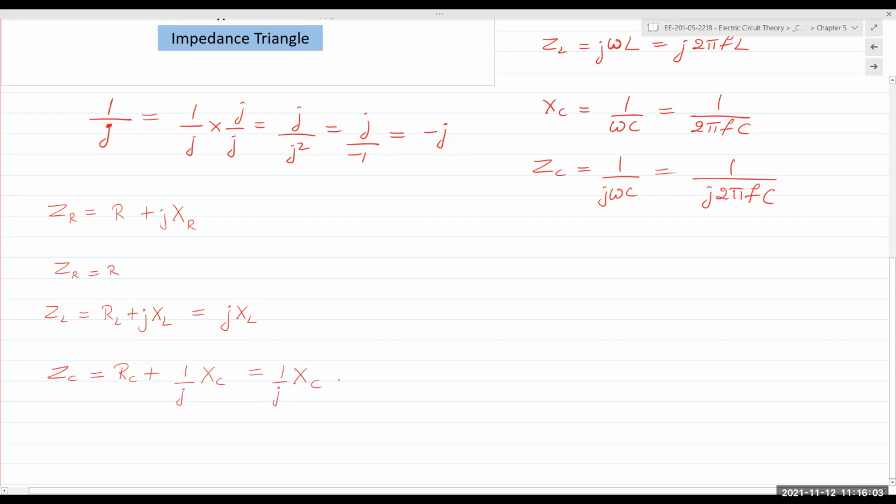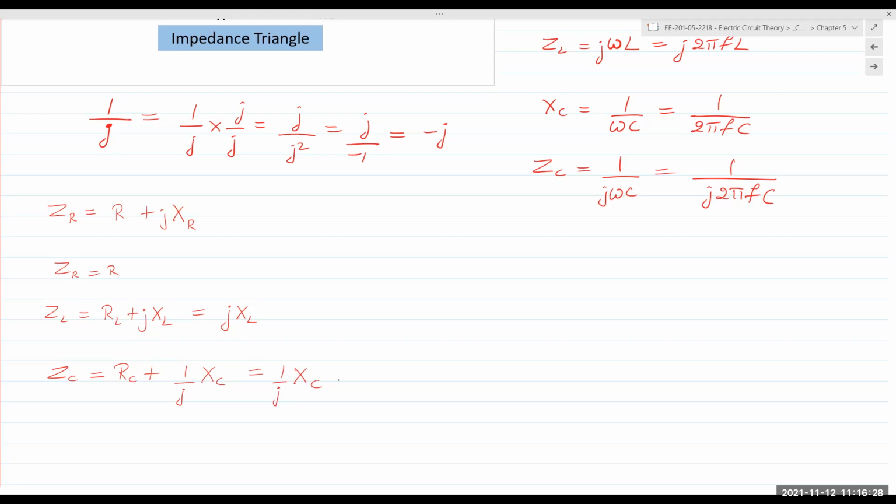If you'll remember, capacitance has two plates separated by an insulator, so represented by a resistor of infinite resistance in parallel with that capacitor. So when you have it in parallel, ZC would actually be 1 over the reciprocal. You're adding up the reciprocal. So when you add up the reciprocal, that goes to 0.